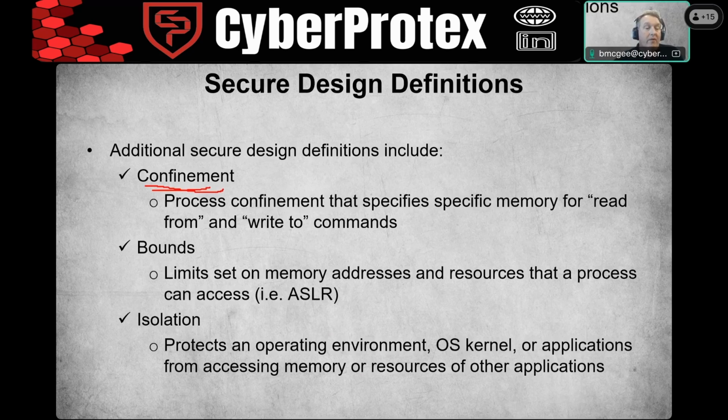Bounds are basically the limits, the upper and lower bounds of any type of stack or memory address. When we talk about secure architecture, the resources a process can use are associated with those boundaries. And how we isolate things in our operating system typically allows it to either play in a sandbox environment, or access and go outside of that sandbox into other components.